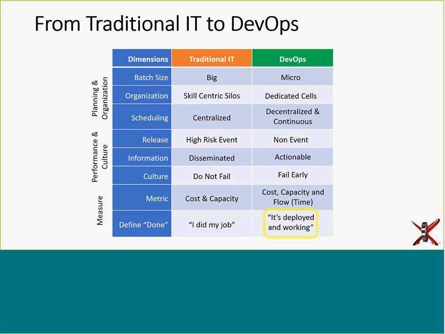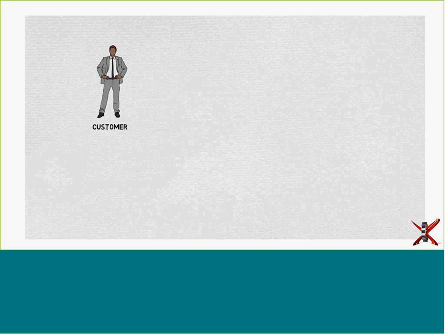When I worked in the industry 20 years ago, people defined done as I've done my bit. What we're seeing now with a DevOps culture is that people start to work as one big team, and everybody recognizes that the job is not done until it's deployed and working.